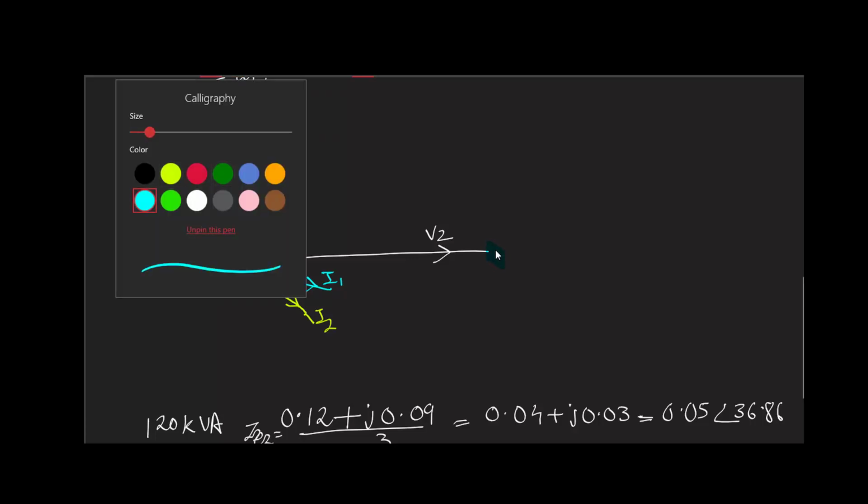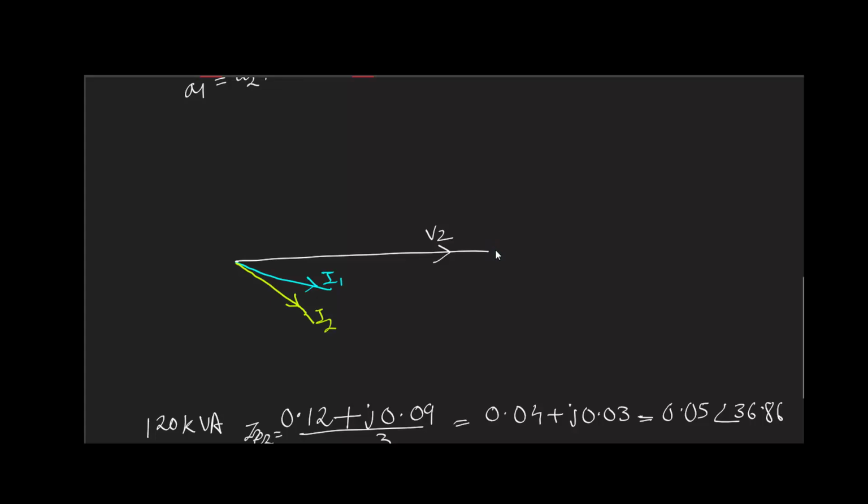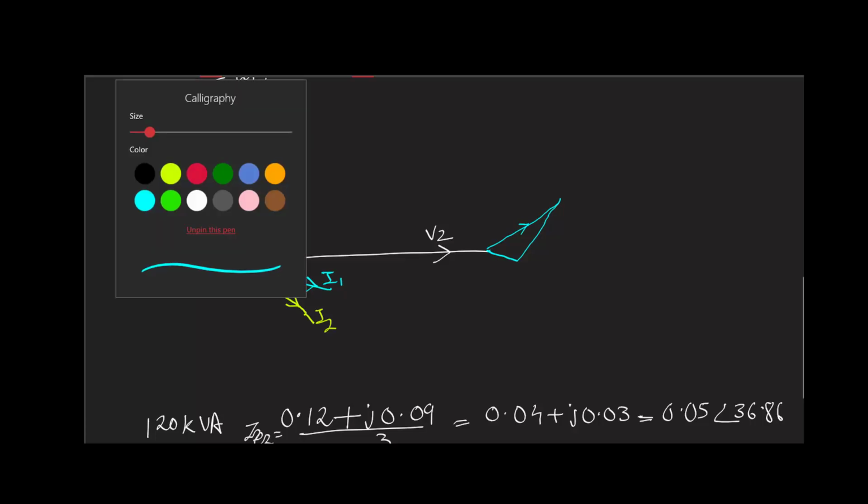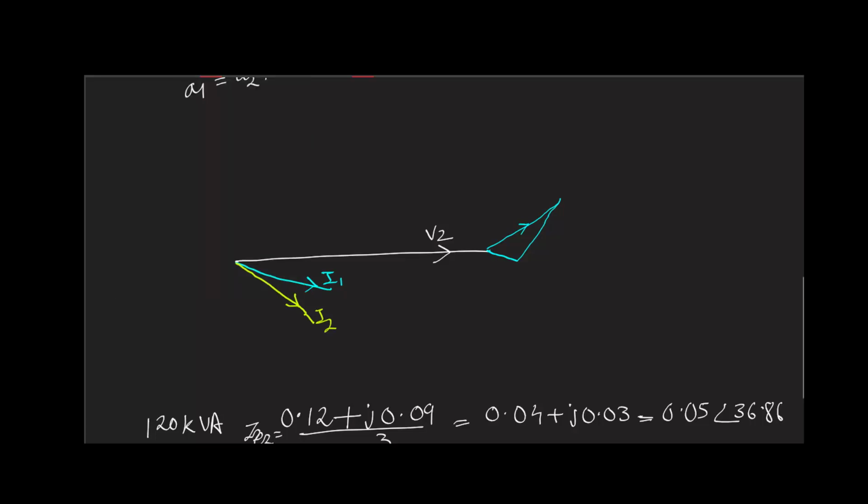Interestingly, let me draw it separately, then you can understand it clearly. This is for I2. This is for I1.